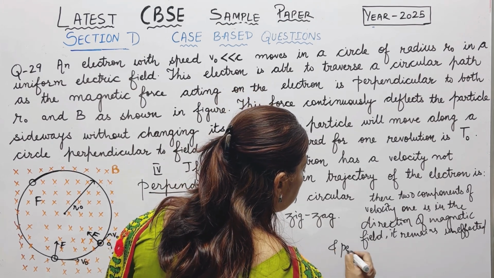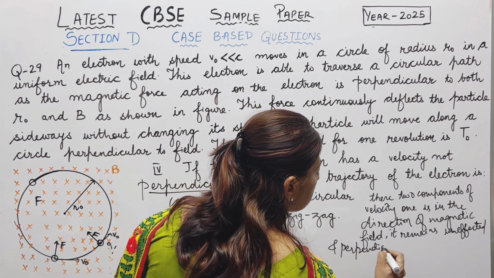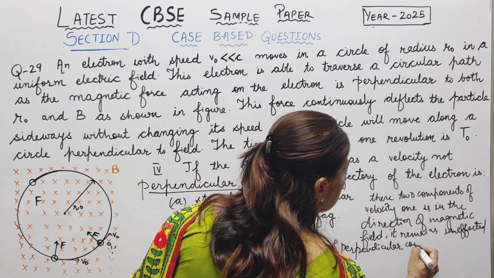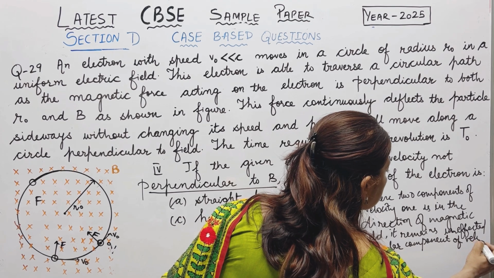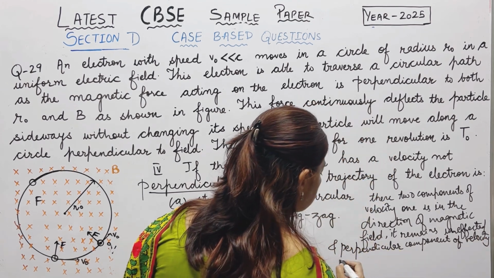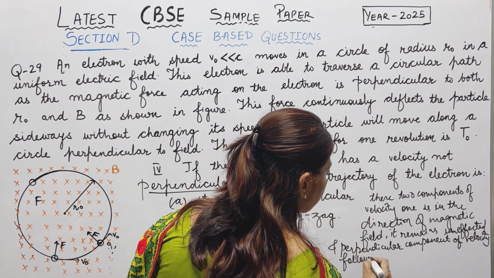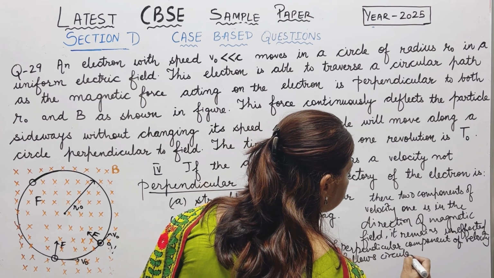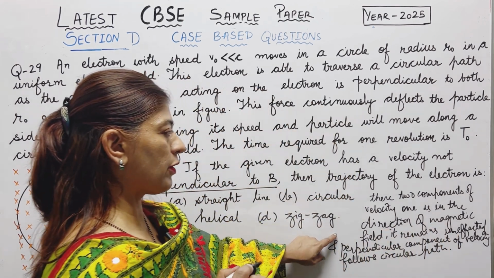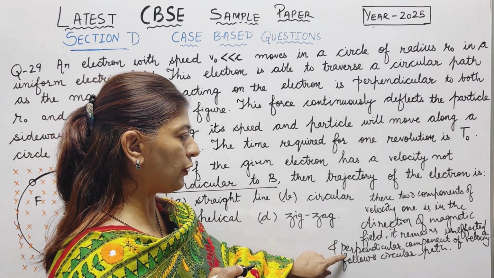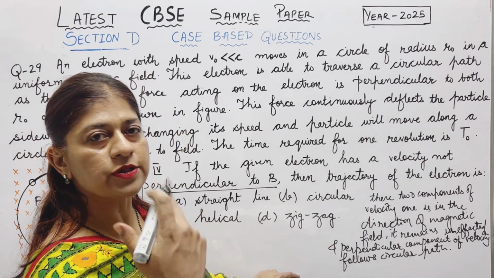The perpendicular component of velocity follows a circular path. One component of velocity is not affected and the perpendicular component of velocity is undergoing a circular path.